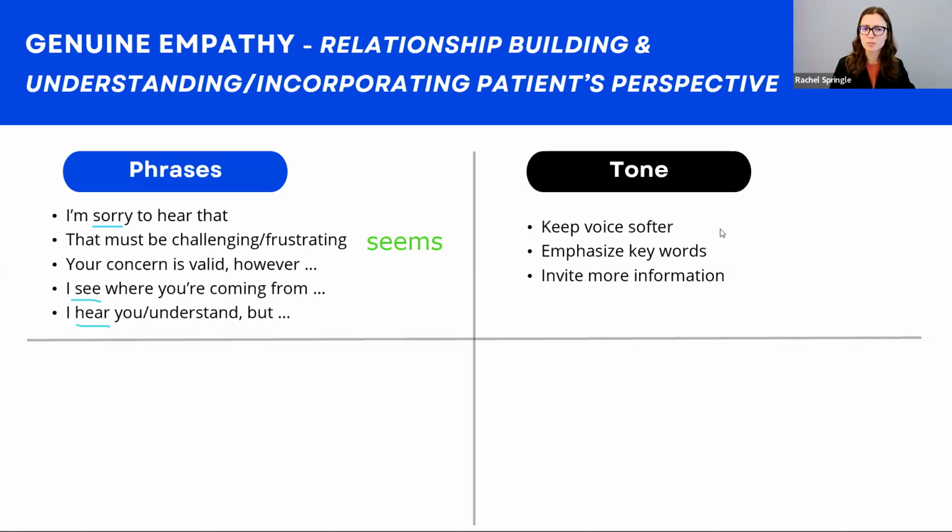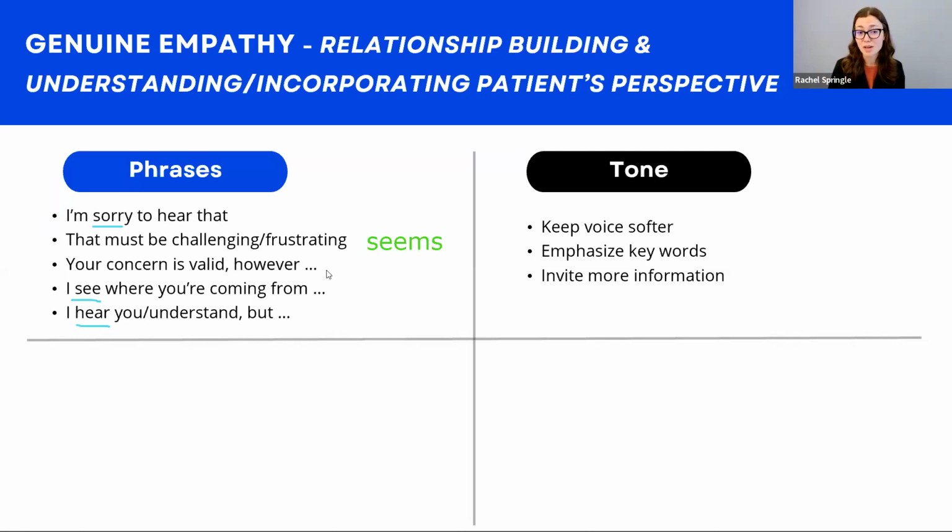For some people, this helps by slowing down a little bit. So let me read some of these for you just to hear that, as well as the emphasizing of key words. If I was to say this genuinely, I would say, I'm sorry to hear that. And you can hear that stress on sorry. Or that must be challenging or frustrating. And you can hear that tone shift a little bit there.